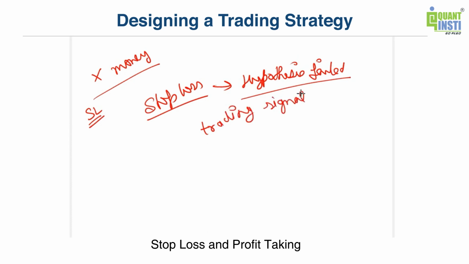When we go into the EPAT course, we discuss various stop loss conditions in a trending series or in a mean reverting series, where we can show you that a hypothesis has failed, yet the trading signals will still appear that it should be buy or it should be sell. But it is very wise to cut out your position, and it gives you a tremendous boost in your profits.